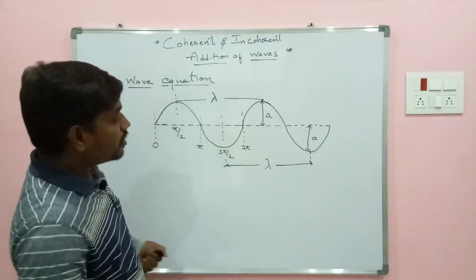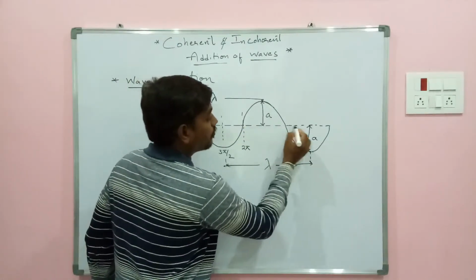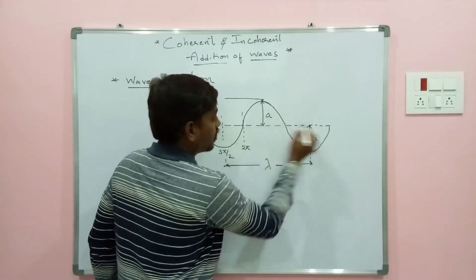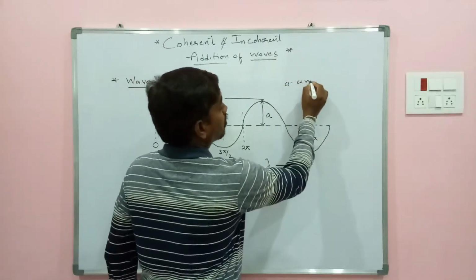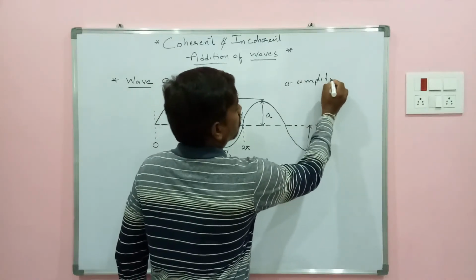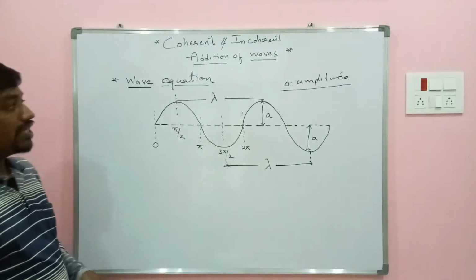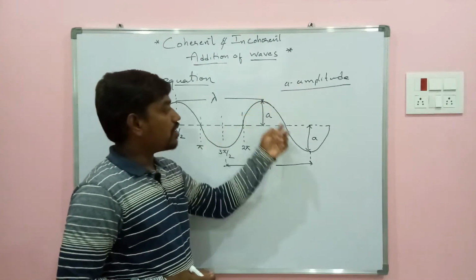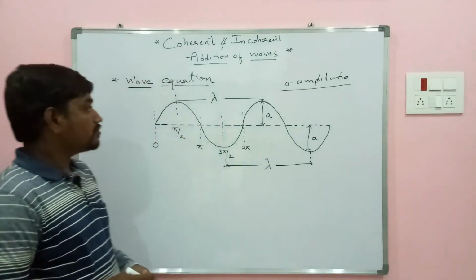The maximum displacement of the crest or trough from the mean point is called amplitude.